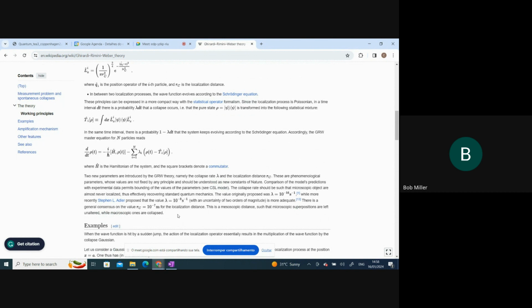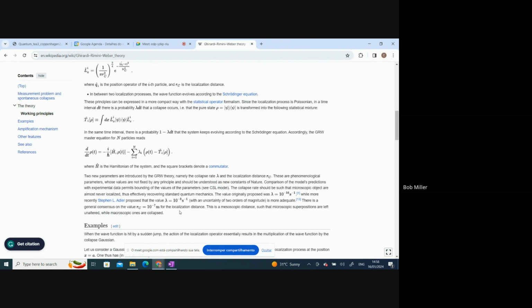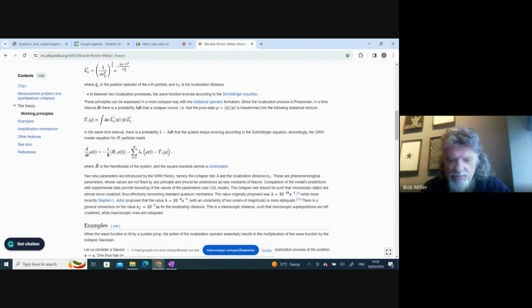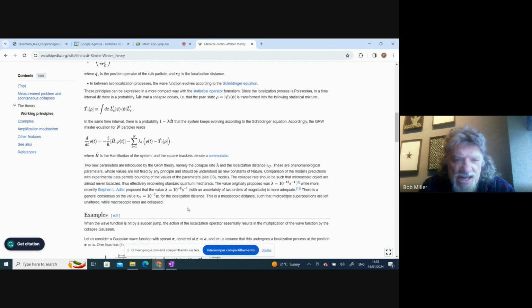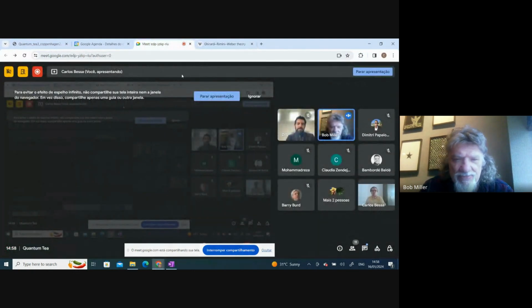I'd like to comment and stress something that Carlos just briefly mentioned: hidden variables. A lot of times, when you're modeling something mathematically, if you get into a corner where something doesn't work, you just throw another variable at it.